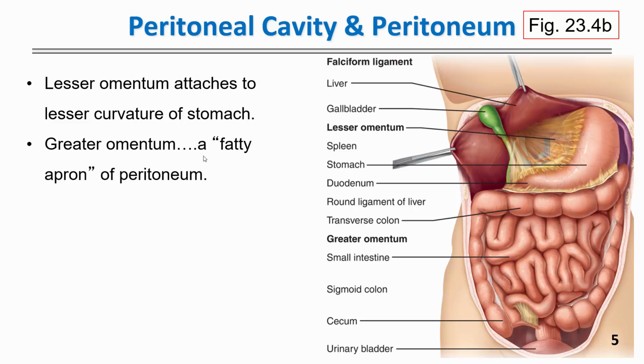The greater omentum, named because it is much broader in nature, is described as a fatty apron, if you will. It's a large sheet of membrane that contains fatty tissue and blood vessels, and it covers the majority of these abdominal organs.